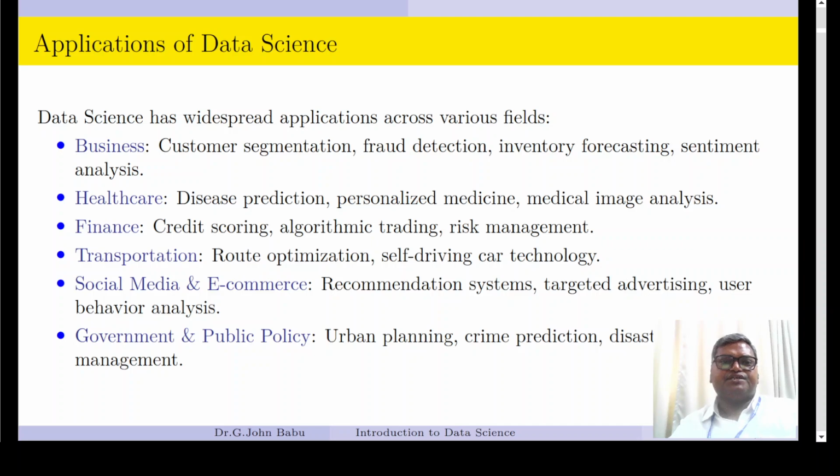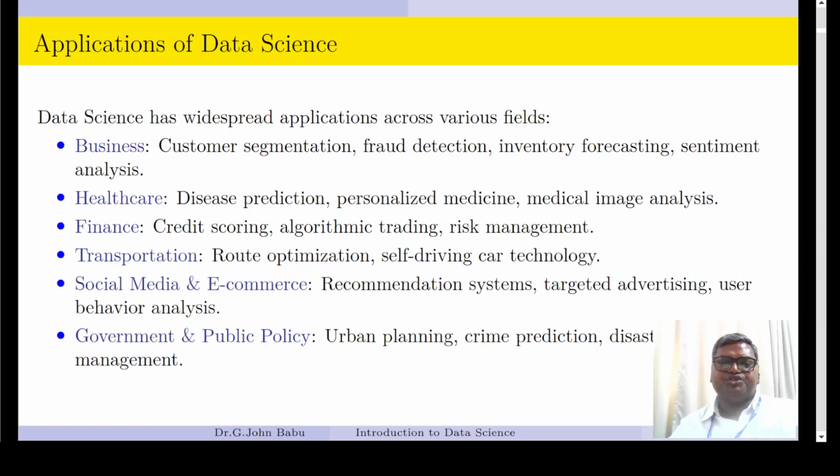Then in healthcare, if you have the data, we can predict the disease. So in the future, we can see that rather than a doctor looking at the reports and diagnosing the disease, certainly based on the data, machine learning algorithms will predict the disease.